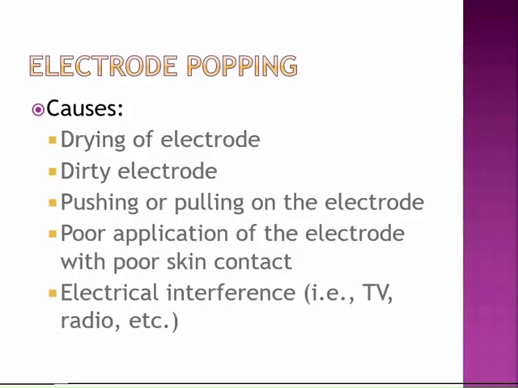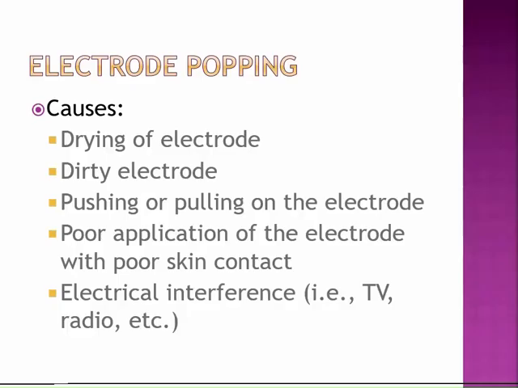I typically have seen it in the lab and on overnights, because of the drying of the electrode stickers, those EKG snap stickers, if they start to dry out, or if there's tension on the wire. I typically see that if the patient moved around a lot and those leg leads ended up getting a little bit tight underneath their pajamas. Every time they breathe in and their belly expands, it pulls on those wires a little bit, and you can start to see the popping there.